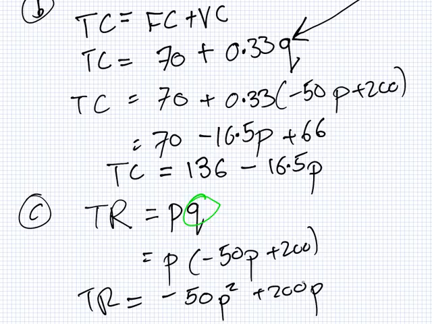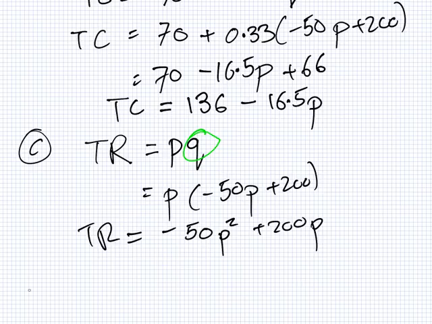So if the shop gives the coffee away for free, the price is 0. How much money do they get? 0, because the p's are 0. So that makes sense. Okay, so now we're getting to the interesting part. So the shop doesn't care about how much money it gets in. The shop doesn't care about their costs. What they care about is their profit, how much money they get after the costs and sales.